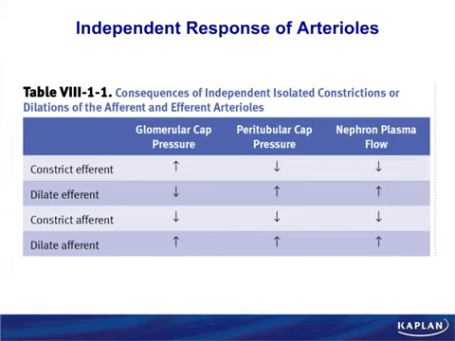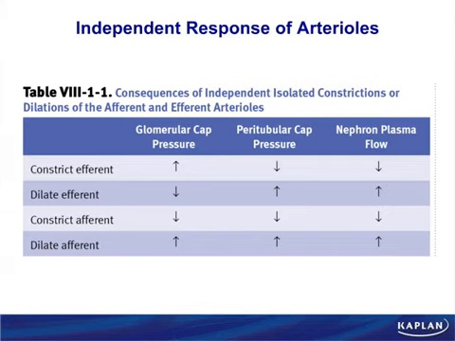Now, when you vasoconstrict the efferent arterioles, you are increasing the glomerular capillary hydrostatic pressure, and you're increasing GFR. When you vasoconstrict the afferent arterioles, you are decreasing the glomerular capillary hydrostatic pressure, and you are decreasing GFR.